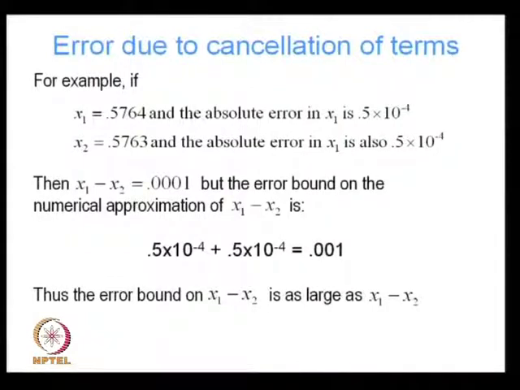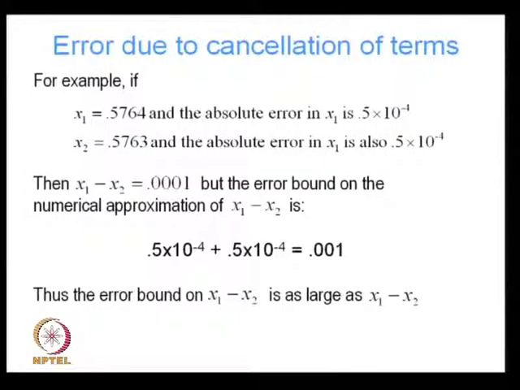Then x1 minus x2 is equal to 0.0001, but the error bound on the numerical approximation of x1 minus x2 is the sum of the absolute errors in x1 and x2. So, that is equal to 0.5 into 10 to the power minus 4 plus 0.5 into 10 to the power minus 4, equal to 0.001.